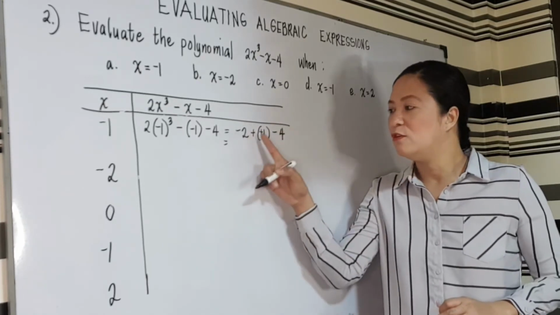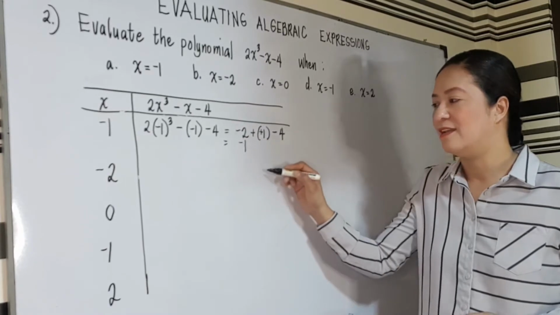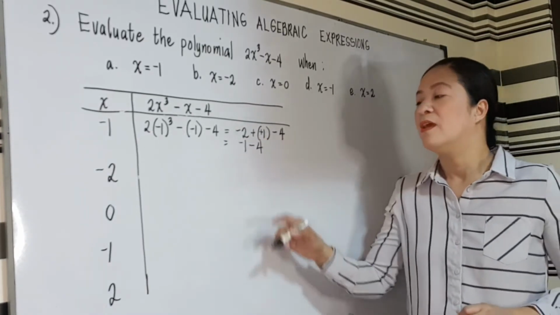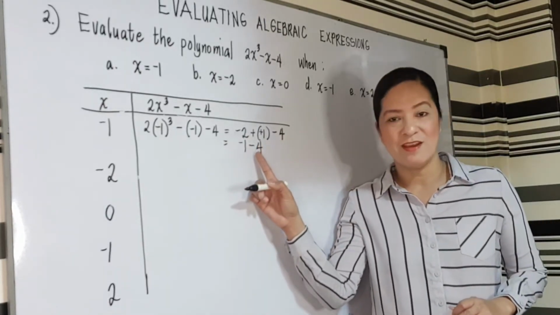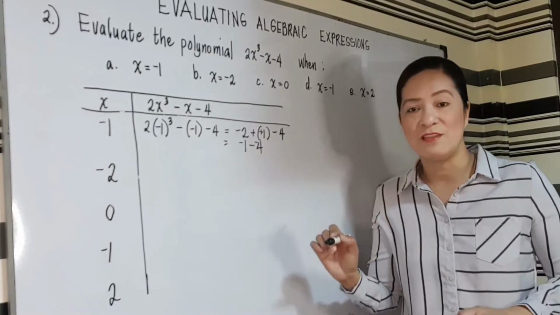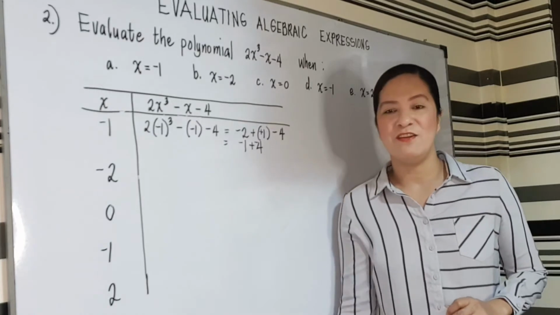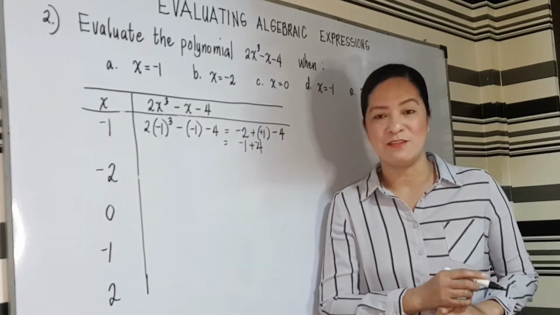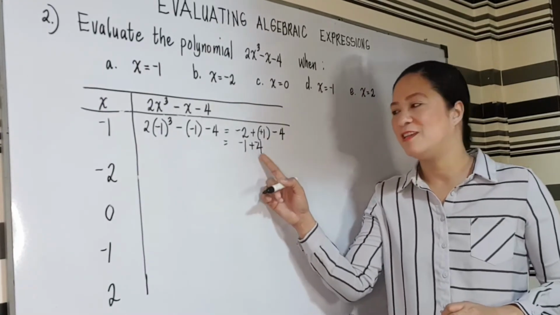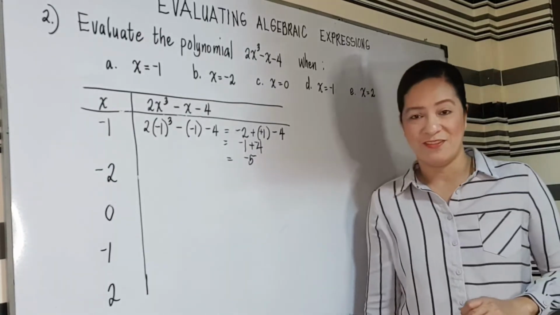So, negative 2 plus 1 is negative 1. Then, minus 4. Again, you have the subtraction here. So, you change the sign of the subtrahend, it becomes negative 4, and then you proceed to addition. So, what is the value of the given polynomial at x is equal to negative 1? Negative 1 plus negative 4, the answer is negative 5.